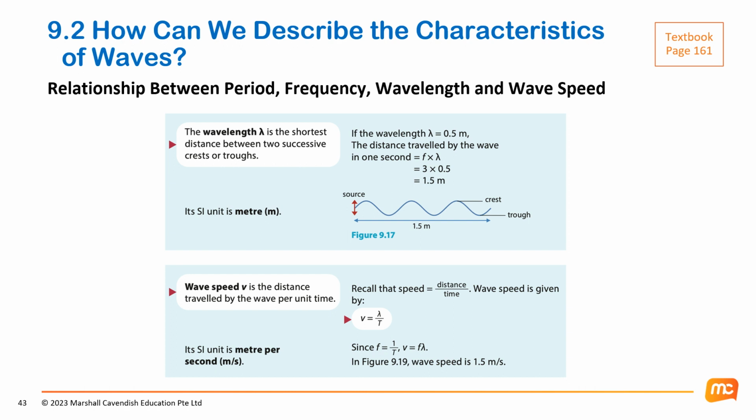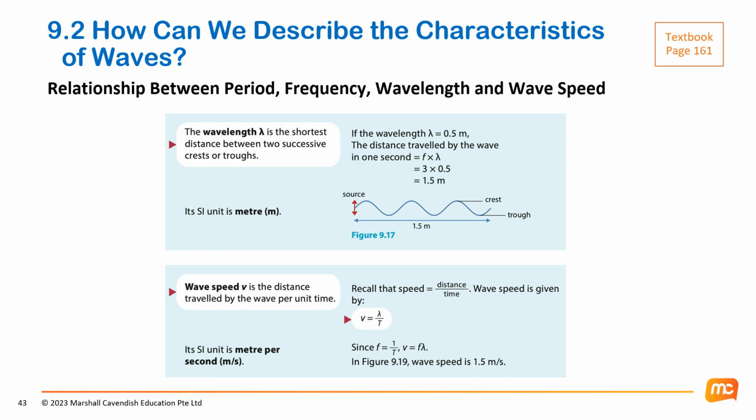So if you think about it from the Kallang wave perspective, between two successive peaks, if there are 50 meters and it takes 25 seconds for people to stand up once and then 25 seconds later they stand up again, then it would be clear that the speed of the wave would be 50 divided by 25, because the distance between the crests would be 50 meters, and the time taken for the crest to travel that 50 meters is 25 seconds.